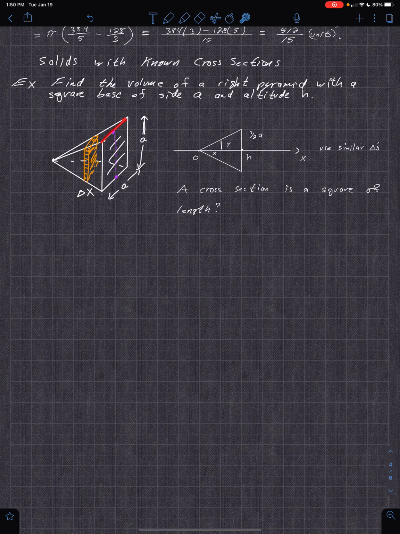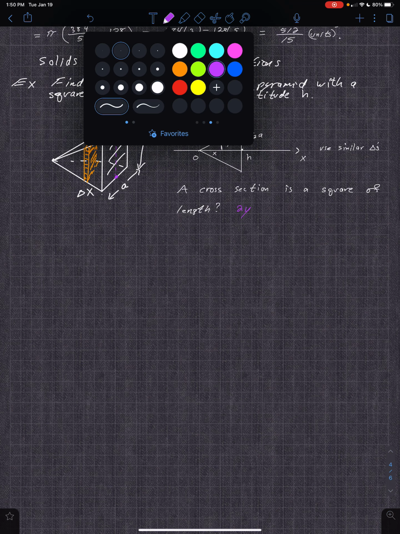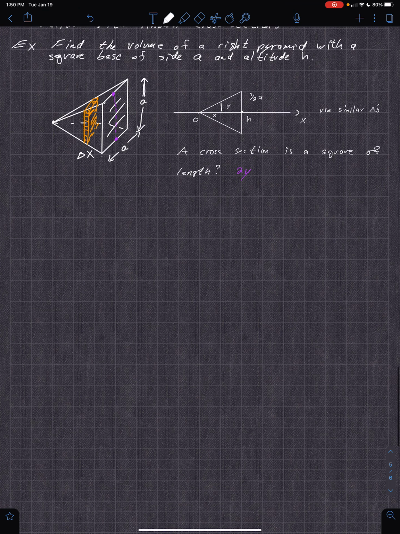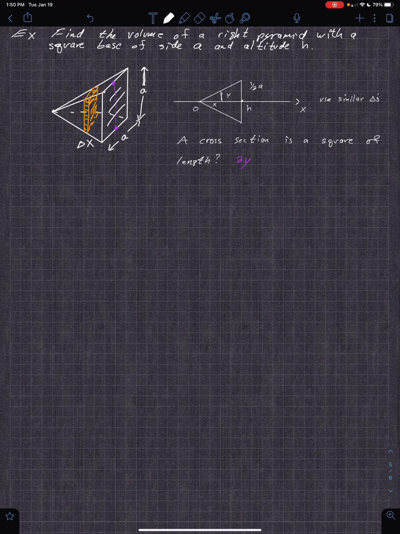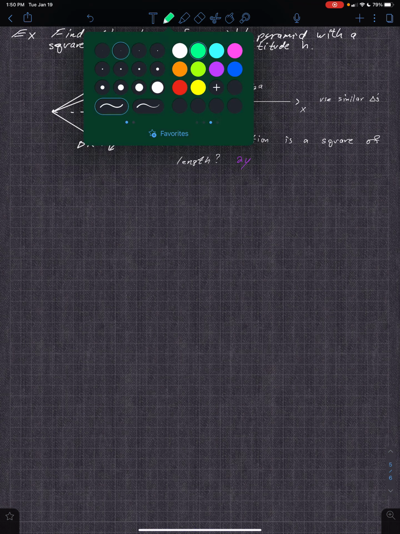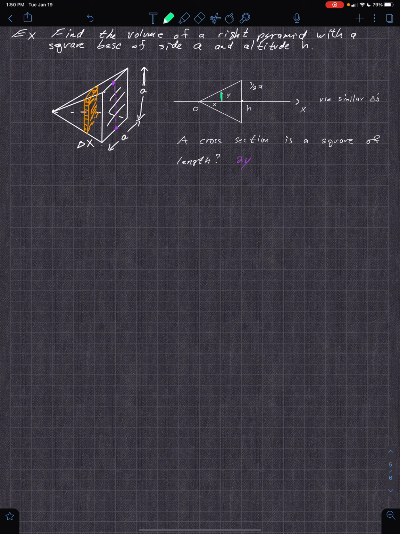So 2y gives you the full length. Oops, let me change colors. So whatever y is here, you have two of them to give you that length of a side.